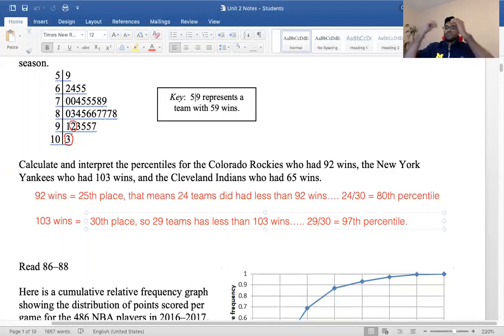Okay. Now, this is where, like I told you guys, the difference between what I do in my master's program versus what we do in this class is that, and those of you that are taking calculus may understand this concept, or taking something like IB SL, when you think about percentiles, you think about it as a function, right? So this function is going to approach 1.